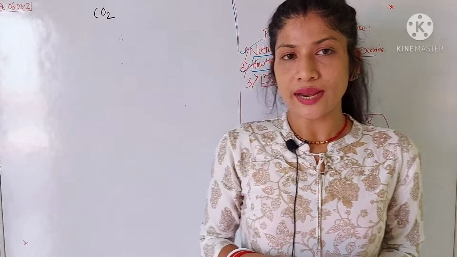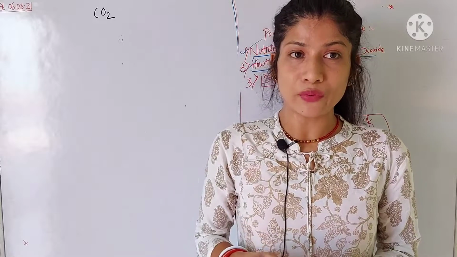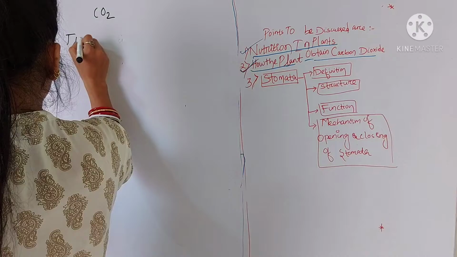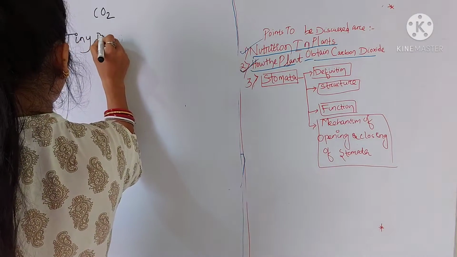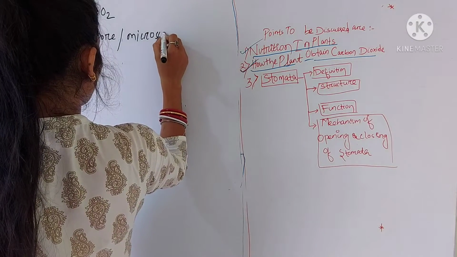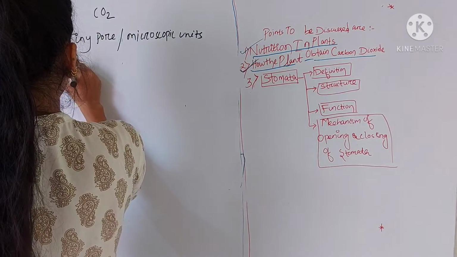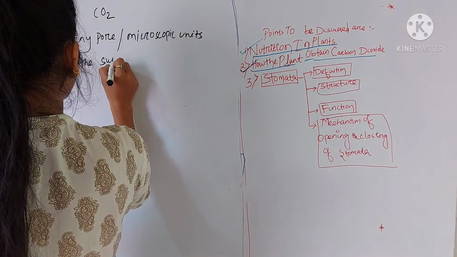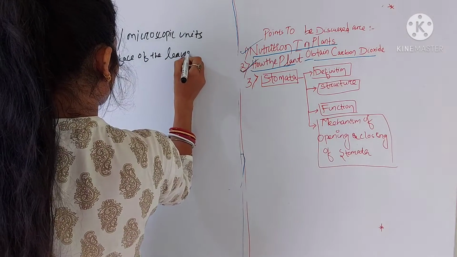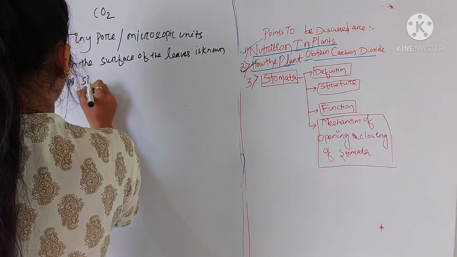The carbon dioxide enters into the leaf with the help of tiny pores, microscopic units, which are present on the surface of the leaf. On the surface of the leaves, these are known as stomata.